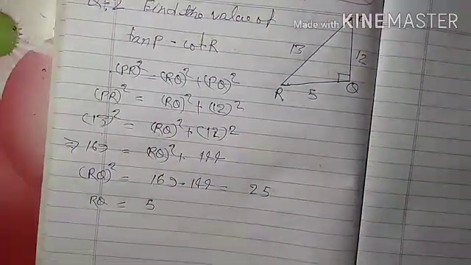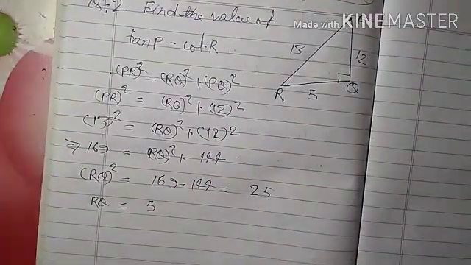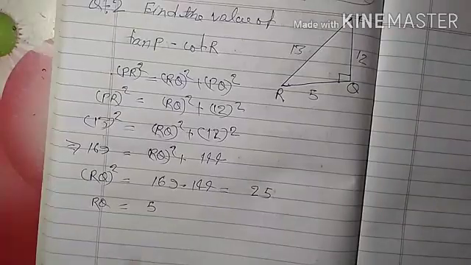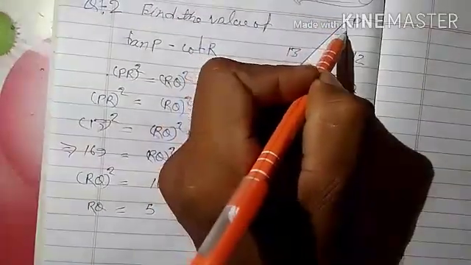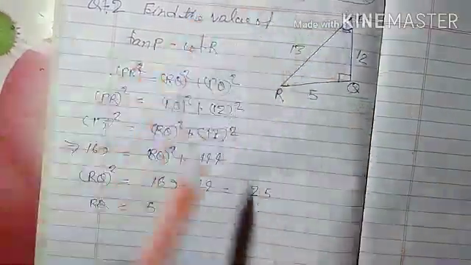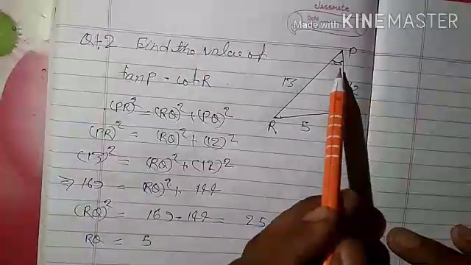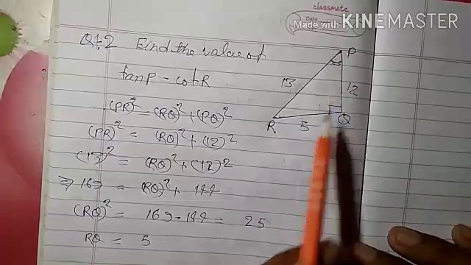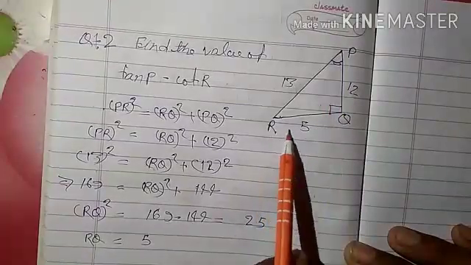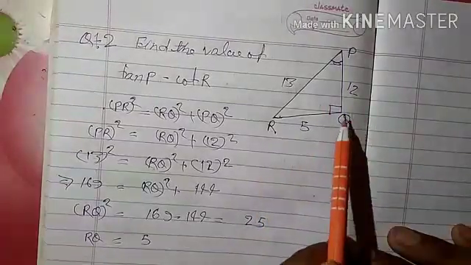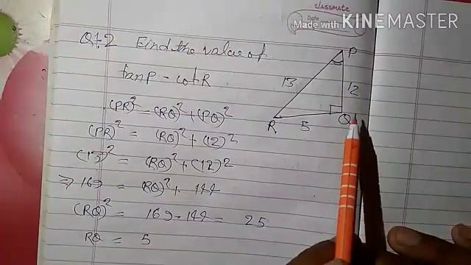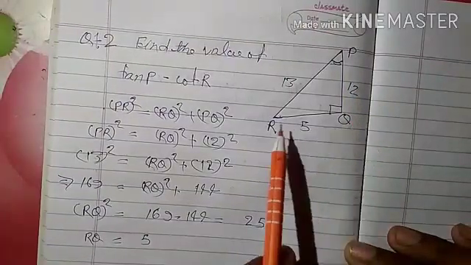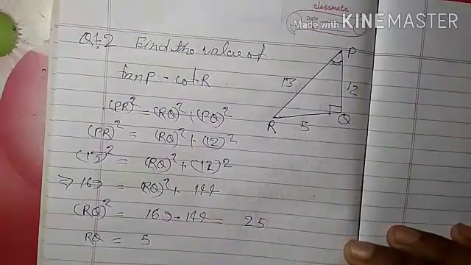So we have to find out tan P minus cot R. First, for angle P, RQ is perpendicular, QP is base, and RP is hypotenuse.